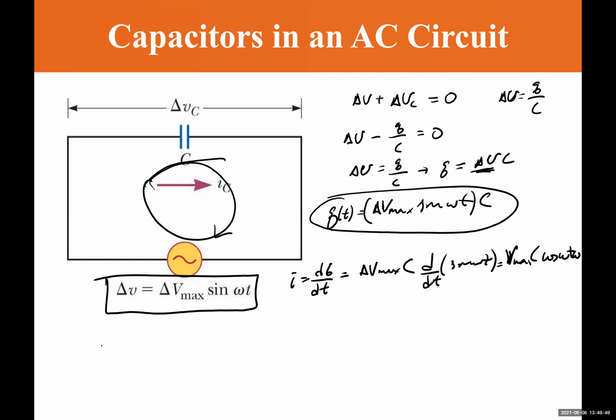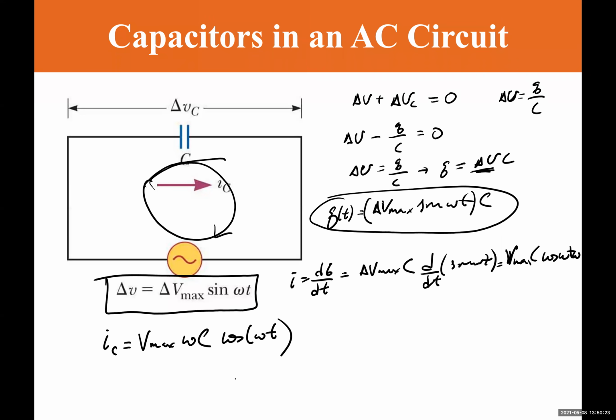All right, so let me write here. The current for the capacitor is equal to V max times omega times C times cosine omega t. Now, there is no negative in this, compared to when we had a negative when we derived the equation for the current through the inductor.